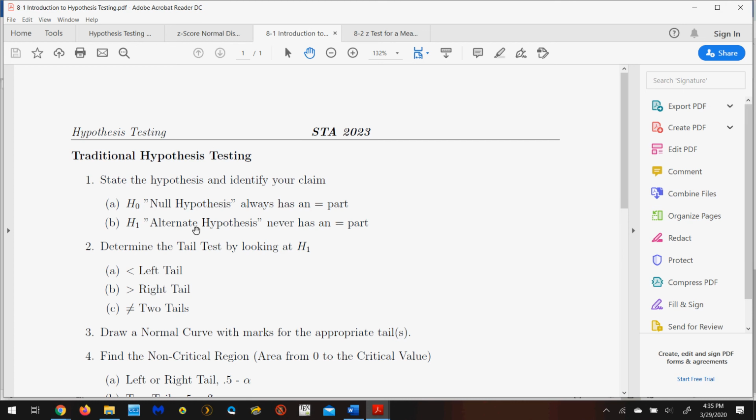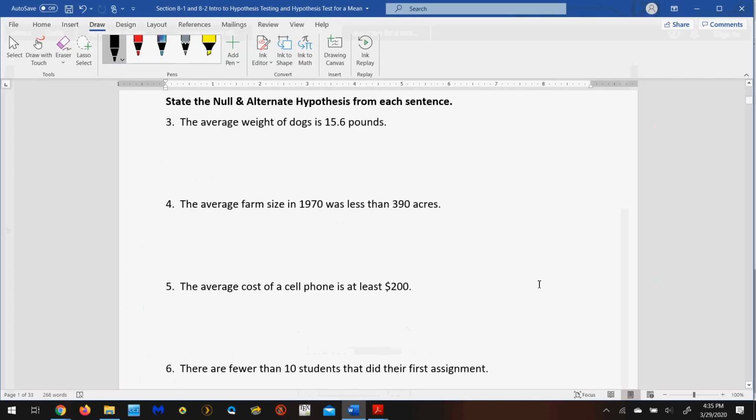H sub 1, the alternate, or sometimes called the alternative hypothesis, never has an equal to part. Now I want to symbolically write what I would have for null and alternate hypotheses of each sentence. You are never going to be given both. You're only going to be given one of those two. But these are going to be opposite of each other, or complements of each other.